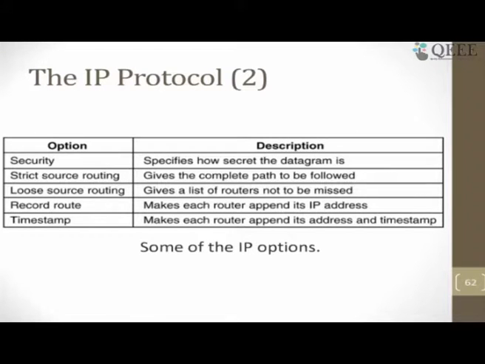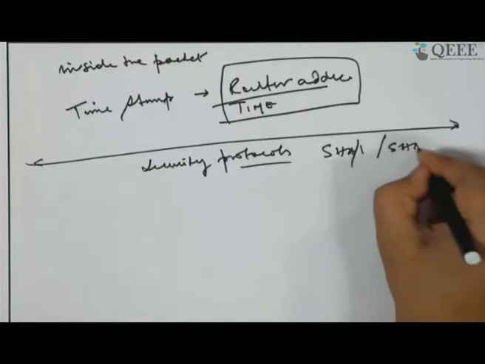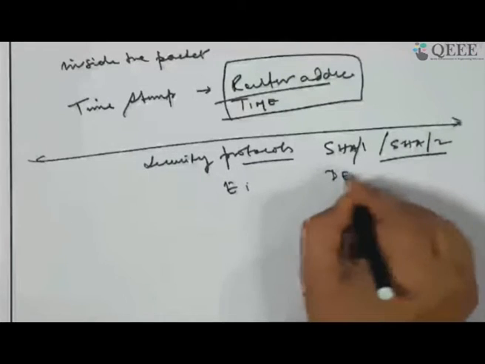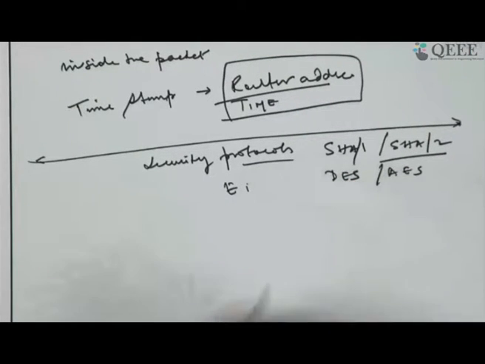Okay. So there can be various algorithms which can be used in the security protocols, like SHA1, SHA2, or you can have the encryption protocol like DES, AES. Some of these protocols are used for the security purpose.